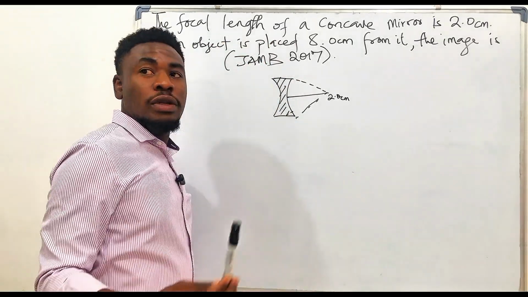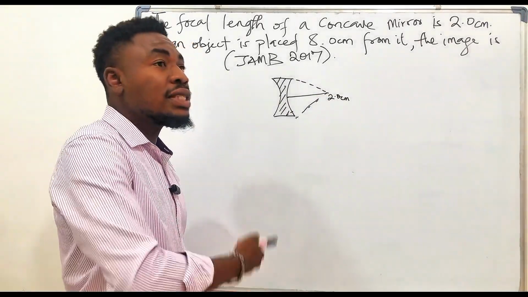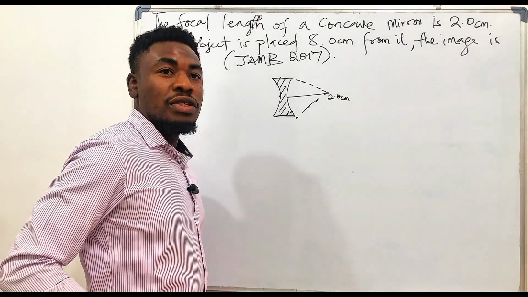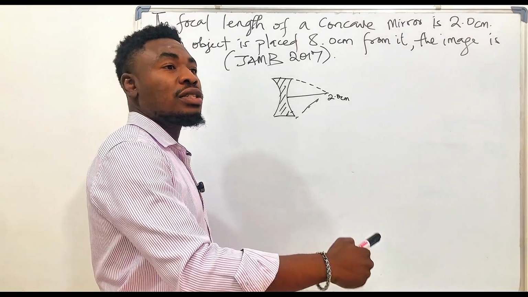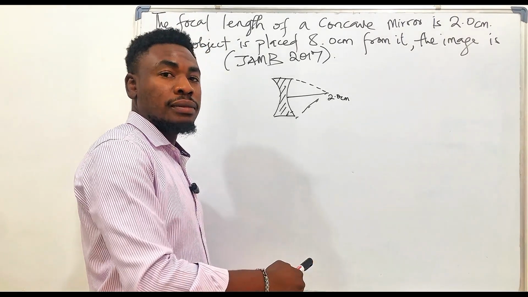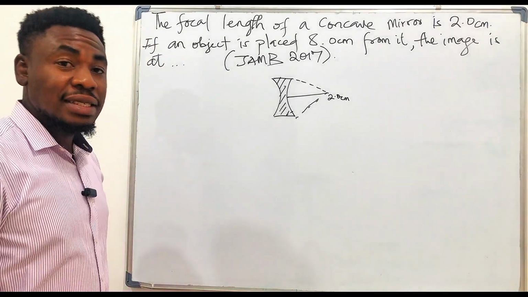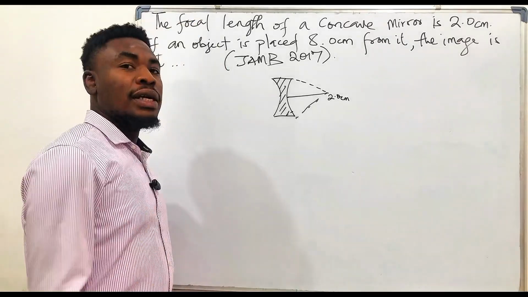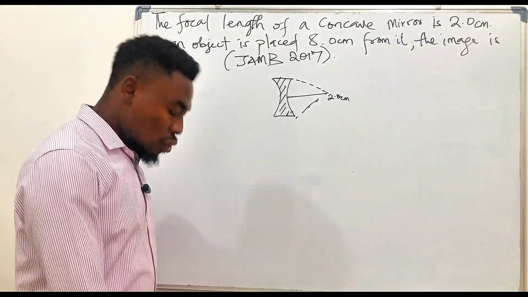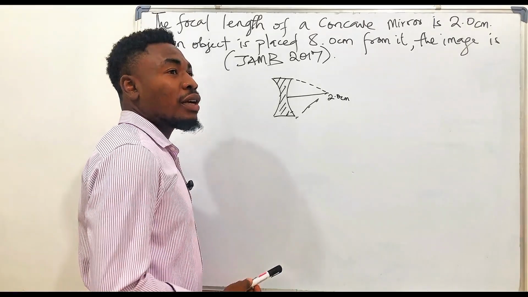For those of you who have very long mirrors in your house, if you stand in front of it and you can only see half, it means you are standing at a line that is before the focal length. But if you stand at exactly the focal length of the mirror, you should be able to see the top of your head and the bottom of your feet or your toes, right? So that is what we mean by focal length.